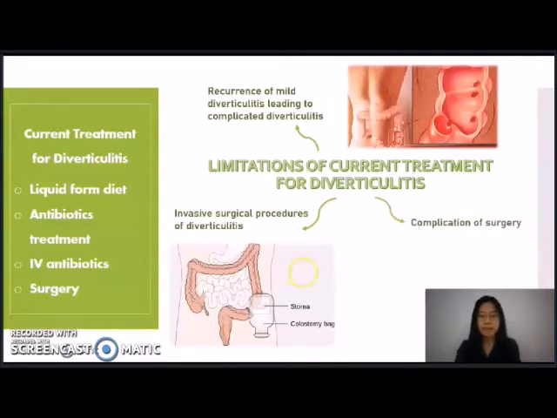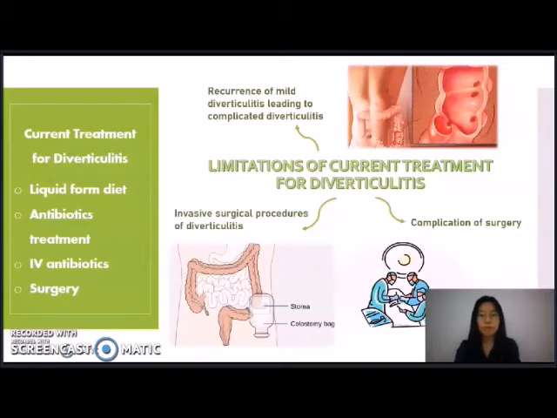Lastly, a limitation of current treatment for diverticulitis is complication of surgery. Like all surgical procedures, diverticulitis surgery carries risks such as anesthesia complications, blood clotting, and bleeding problems during surgery.